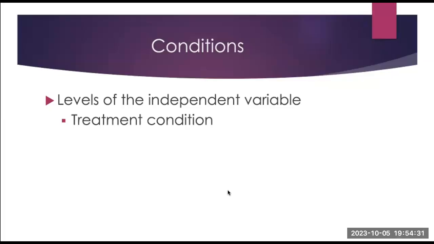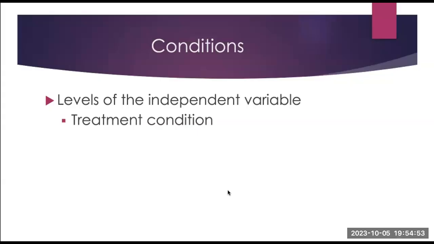A better way to establish that relationship would be to have several levels. So maybe no caffeine, 2 cups of coffee, 4 cups of coffee, 6 cups of coffee. So now we're having different levels of caffeine, and we can more accurately determine how much caffeine really is needed in order to see if there's a change in cognitive performance.